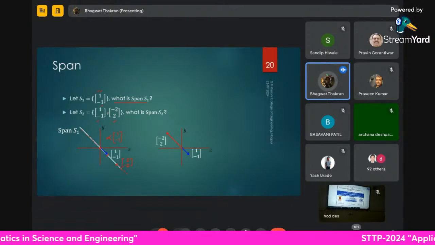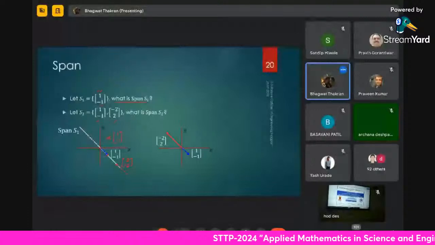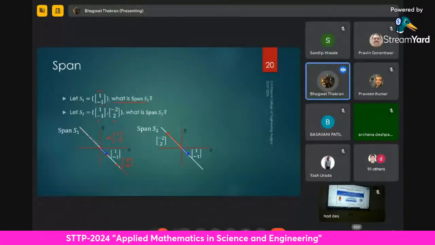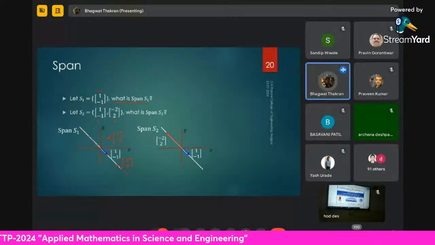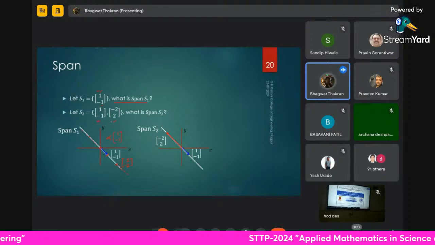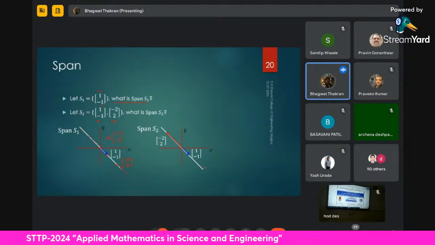Minus 2, 2 is a vector in the second quadrant. Now, you can see they are aligned on the same line but opposite in direction. So again, there are two vectors which can generate this straight line.